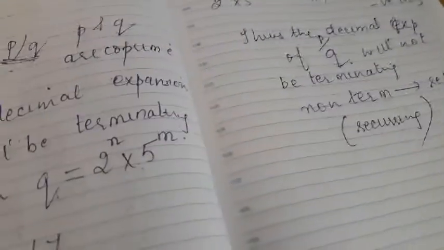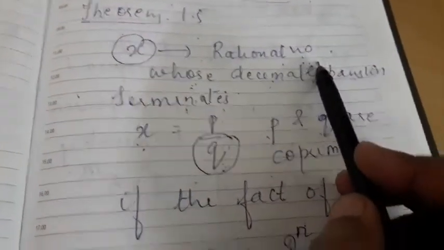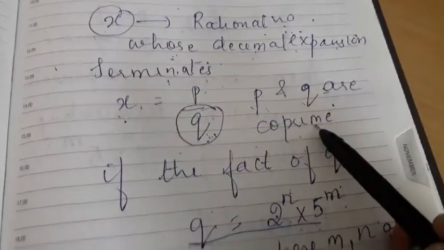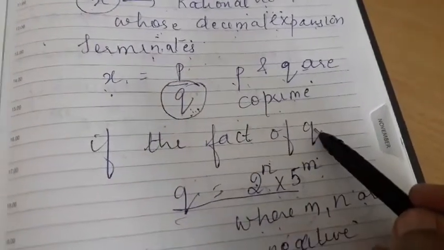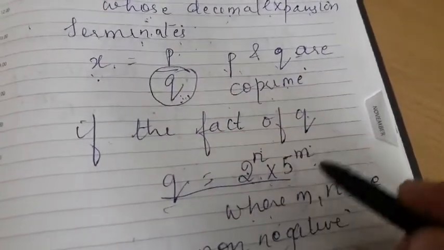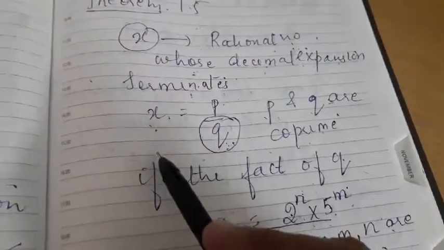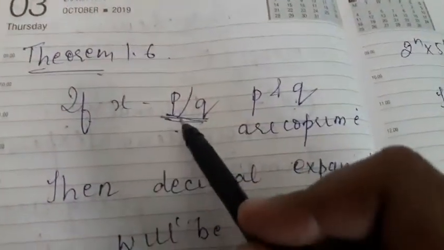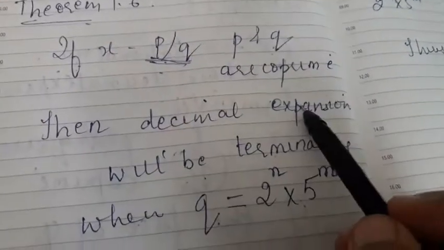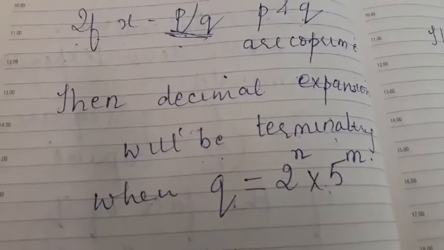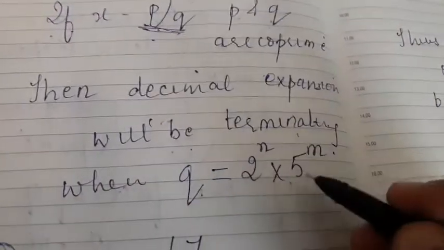Okay, so I hope the theorems are clear to you: if x is any rational number, we can represent it in the form of p by q. P and q will be co-prime numbers. Then the factorization of q will be in the form of 2 raised to the power of n, 5 raised to the power of m. Similarly, in the reverse, if x is in the form of p by q, then the decimal expansion will be terminating only when q can be expressed in the form of 2 to the power of n into 5 to the power of m.